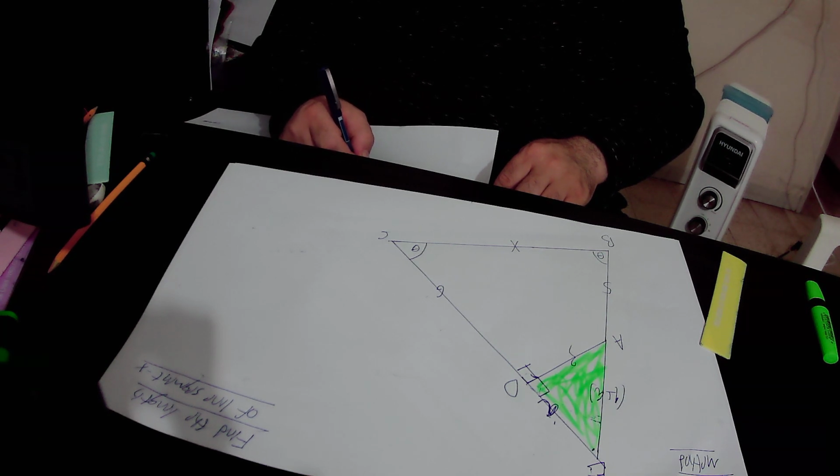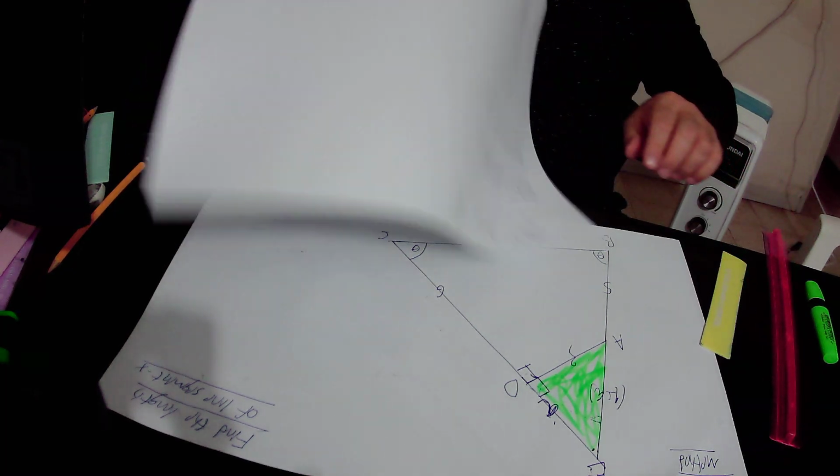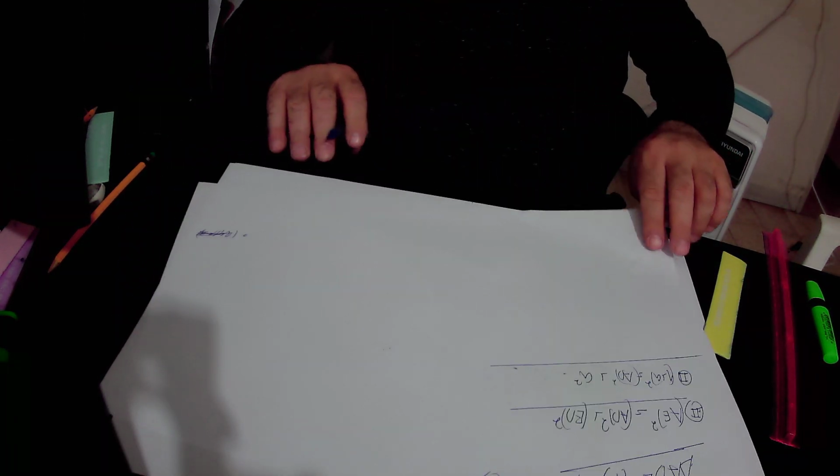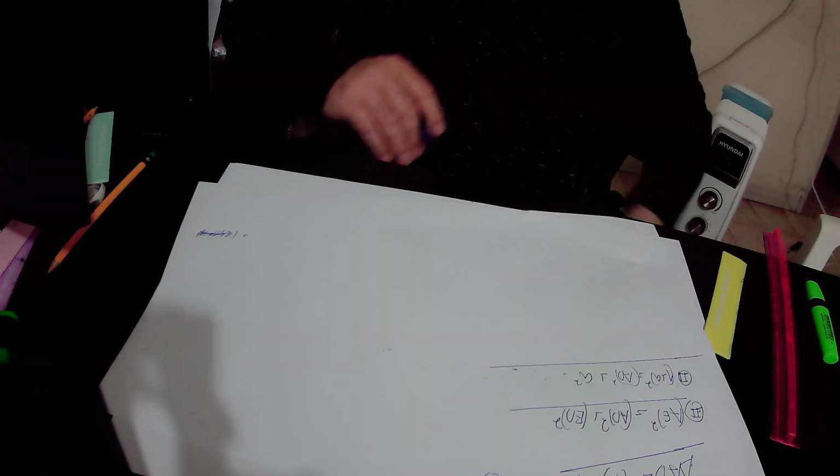ED squared is A squared. So in conclusion, we found out that (1 plus A) squared equals AD squared plus A squared.